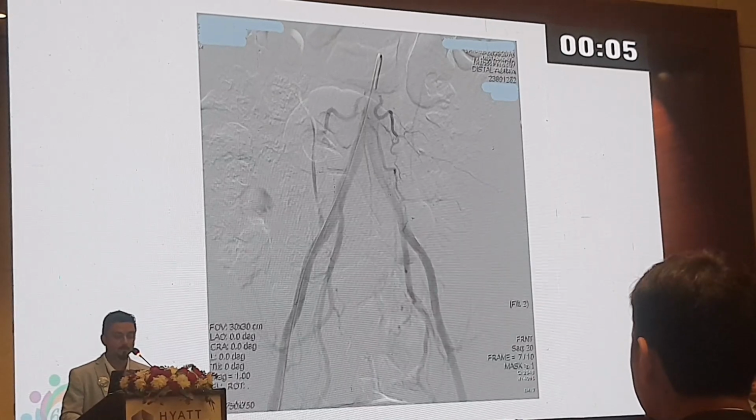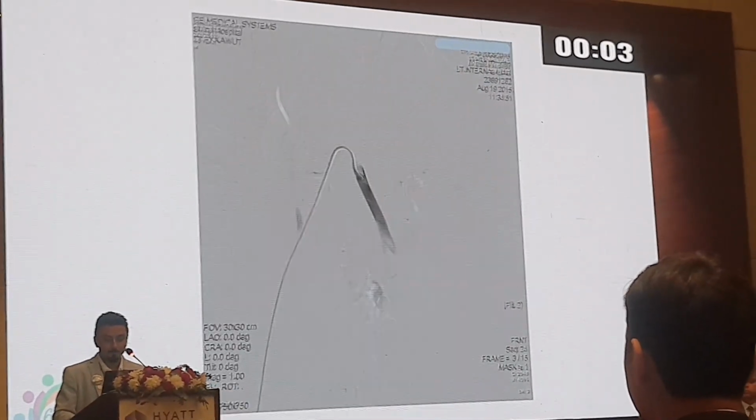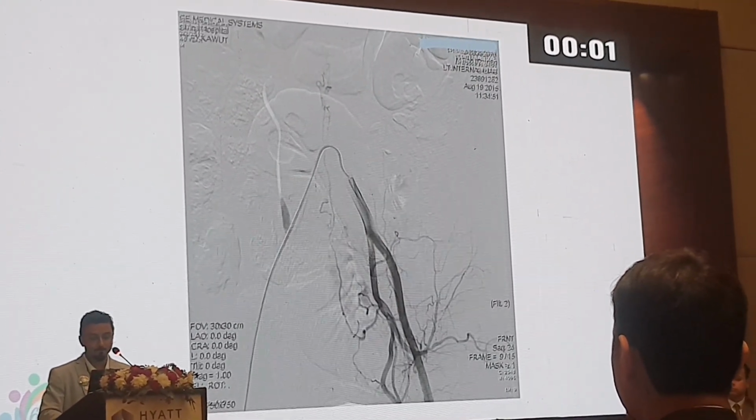So we look for the median sacral artery and then the lateral sacral artery, and we see another thing.